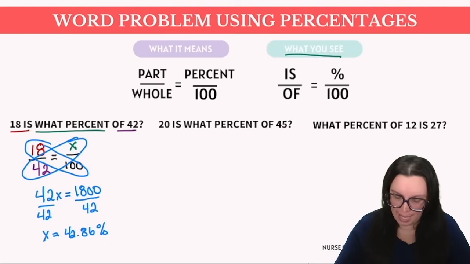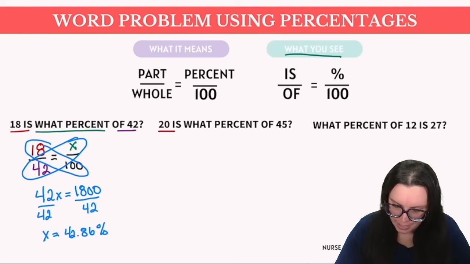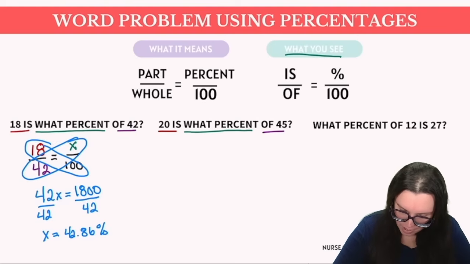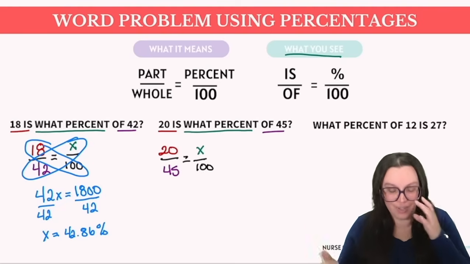We're going to use the same formula. We have our is, that's 20. We're trying to figure out what percent, that's our x. And then lastly, we have 45. So now we're just going to plug in our numbers. We have 20 over 45 is equal to what percent, that's our x, over 100. Now we're just going to cross multiply.